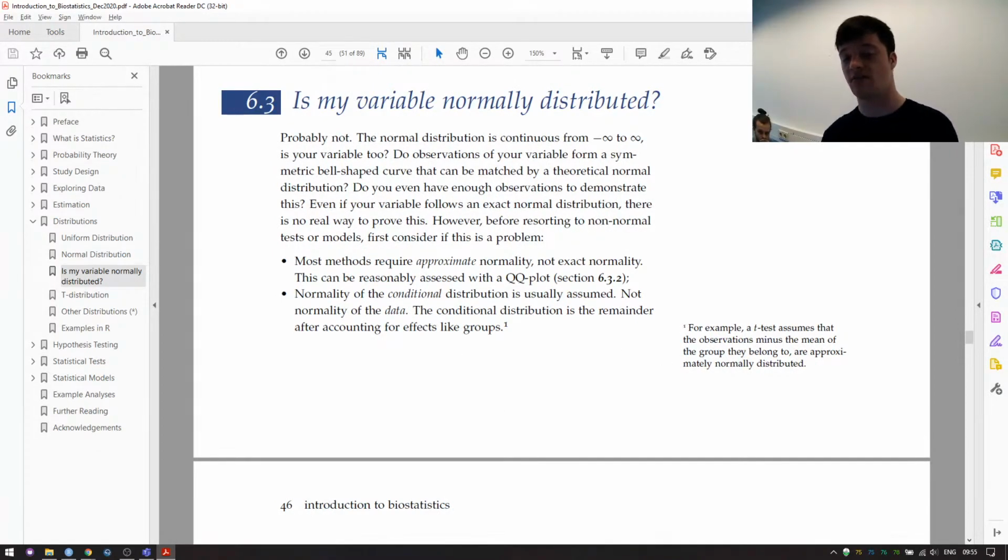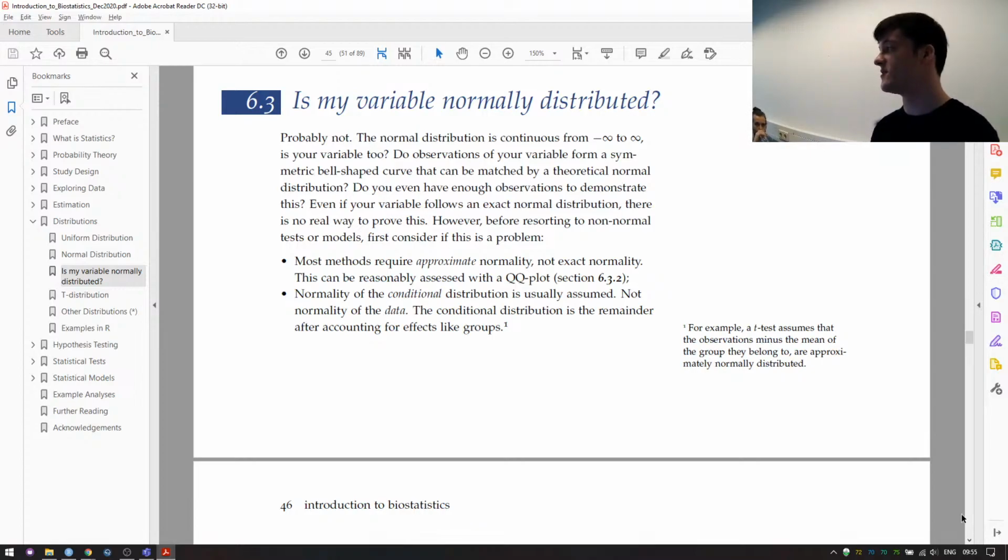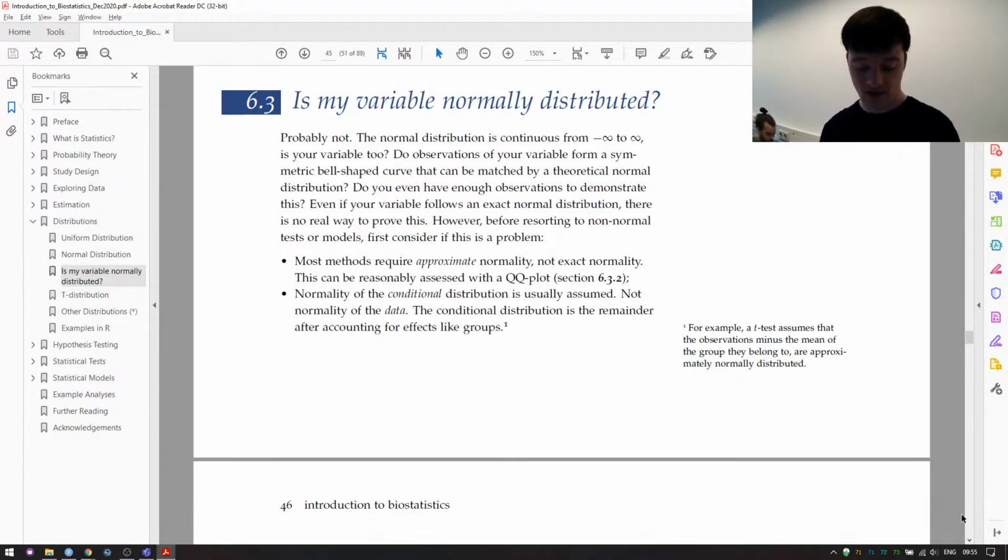Of course, you can test for deviations from normality with a Shapiro-Wilk test, but if that test is significant, it means that your data deviates significantly from a theoretical normal distribution, with its own 5% chance of having a false positive. And if that test is not significant, it doesn't mean your data are normally distributed. It just means there is no significant difference from a theoretical normal distribution.